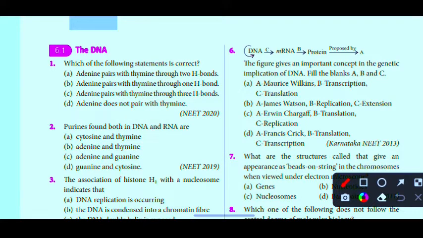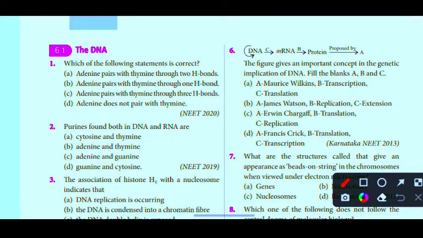Fill in the blanks A, B, and C. Option A is A Maurice Wilkins, B transcription, C translation. Option B, A James Watson, B replication, C extension. Option C, A Erwin Chargaff, B translation, C replication. Option D, A Francis Crick, B translation, C transcription.